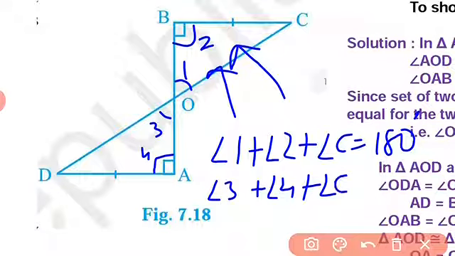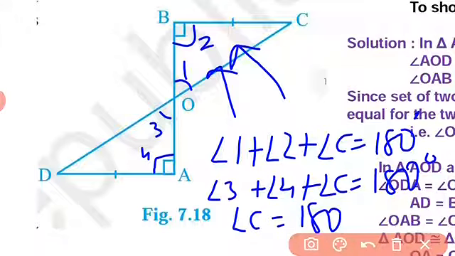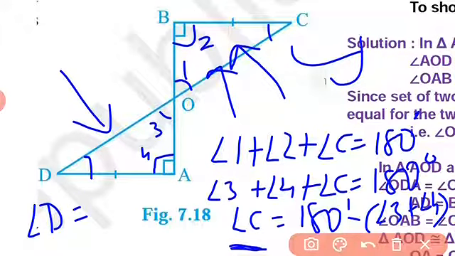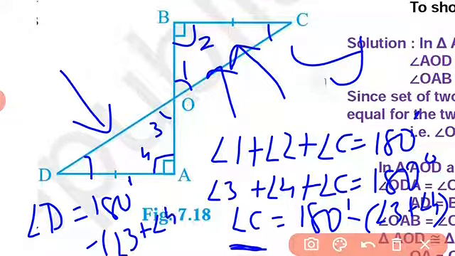And angle C is equal to 180 degrees minus the sum of angle 3 plus angle 4. So what we got, angle C is equal to 180 degrees minus angle 3 plus angle 4. Similarly, apply angle sum property in this and try to find angle D. It will eventually come out to be 180 degrees minus the sum of angle 3 plus angle 4.